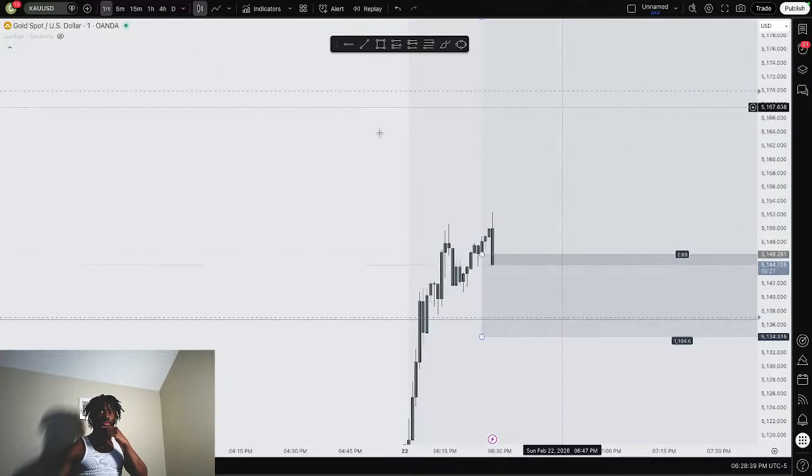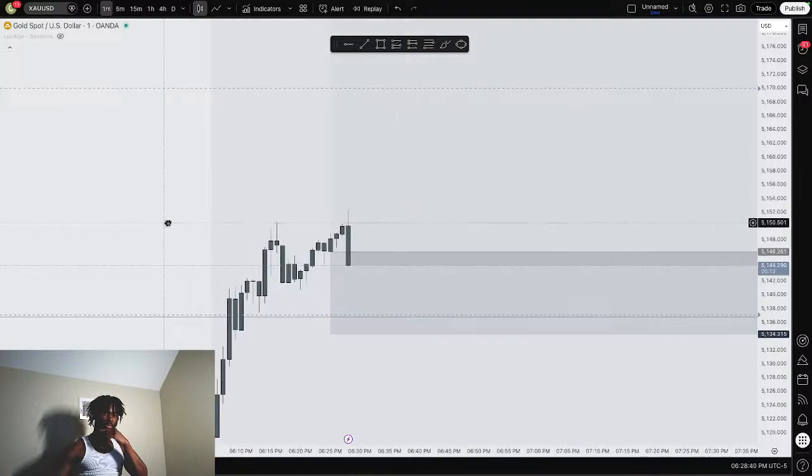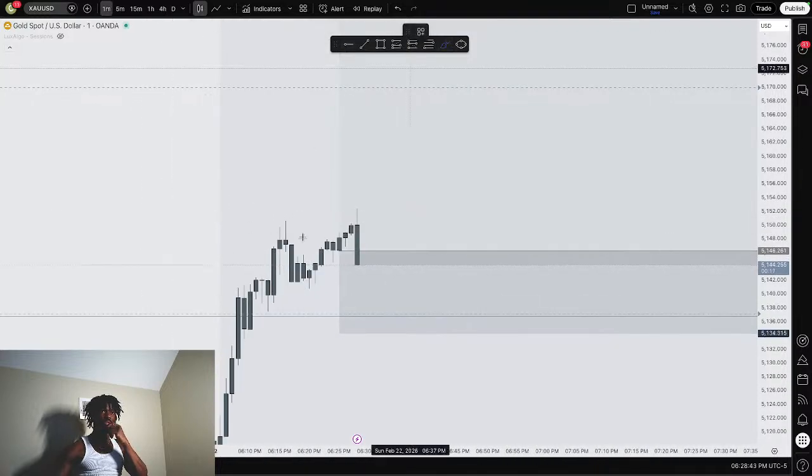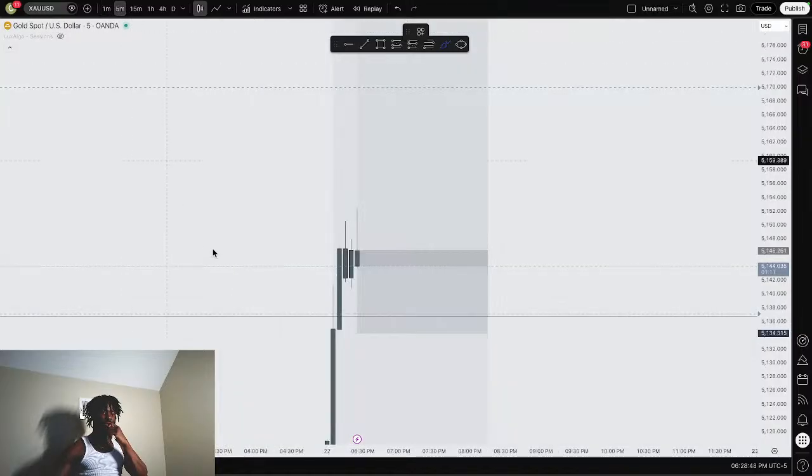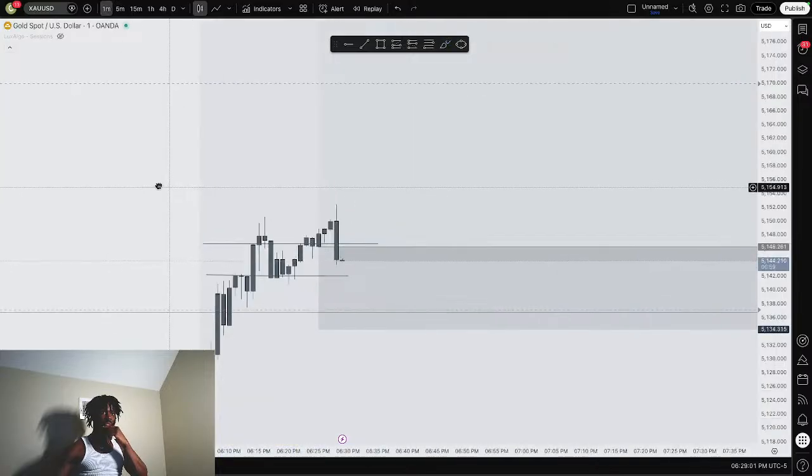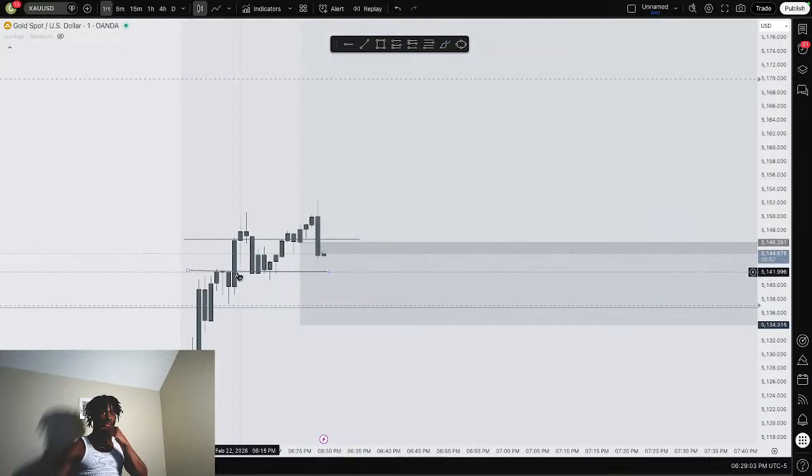If I'm going more in depth here on the lower time frames, let me identify the low. This is the low down here. This is the resistance range. Identifying this and understanding this.